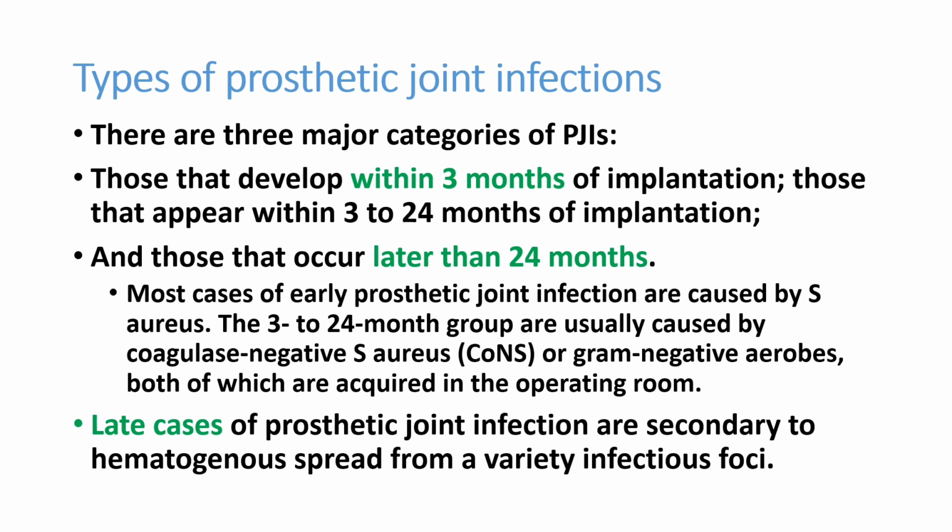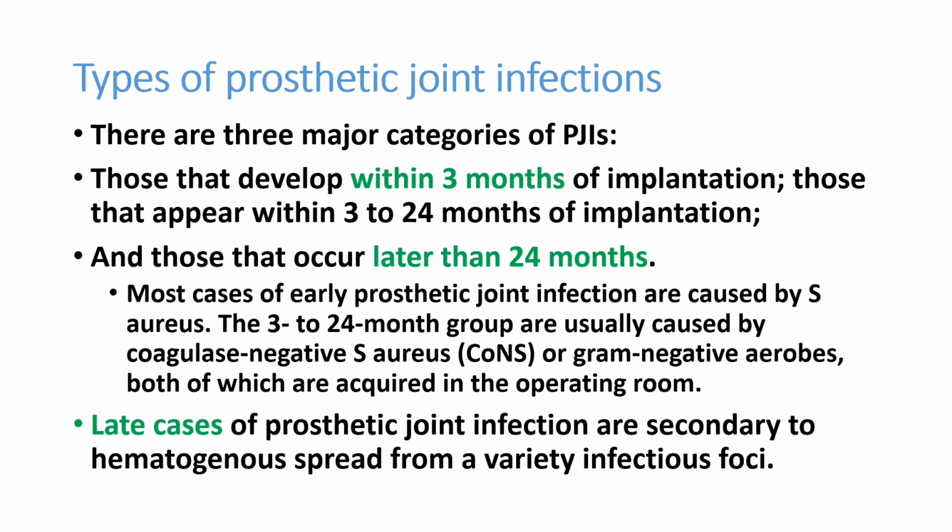Most cases of early prosthetic joint infections are due to Staphylococcus aureus, especially MRSA. The 3 to 24 month group are usually caused by coagulase negative Staphylococcus or gram negative aerobes, both of which are acquired in the operating room.